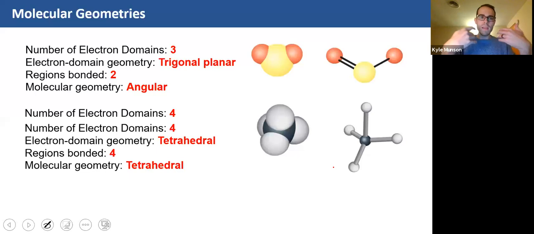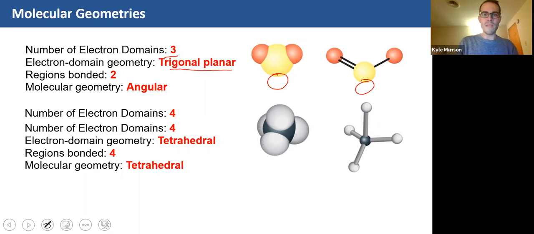Now here's where it starts to change a little bit. Let's say you have 3 electron domains, so your electron domain geometry is trigonal planar, but you only have 2 regions that are bonded. So the molecule is going to look something like this. You have an electron domain out here that's not bonded.